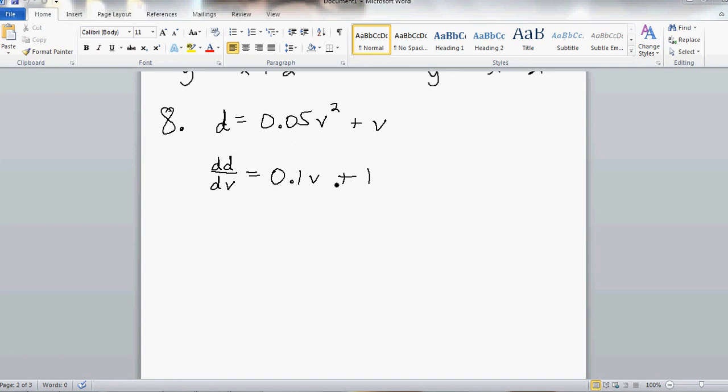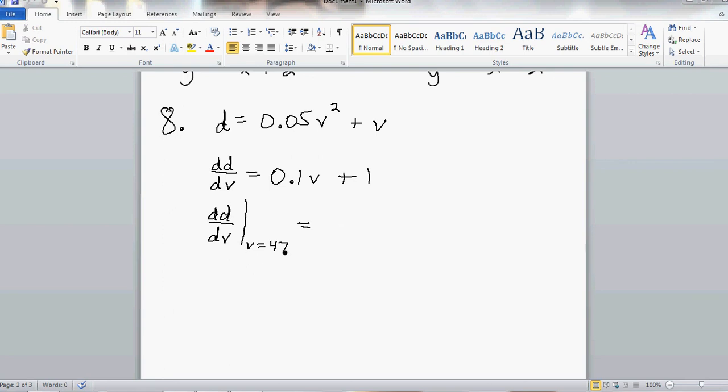Now, specifically, this is the general rate of change, but notice what it's asking. We want to know what is the rate of change when the velocity is 47. So how we show that in this form is we say, okay, we want dd dv when the velocity is 47.